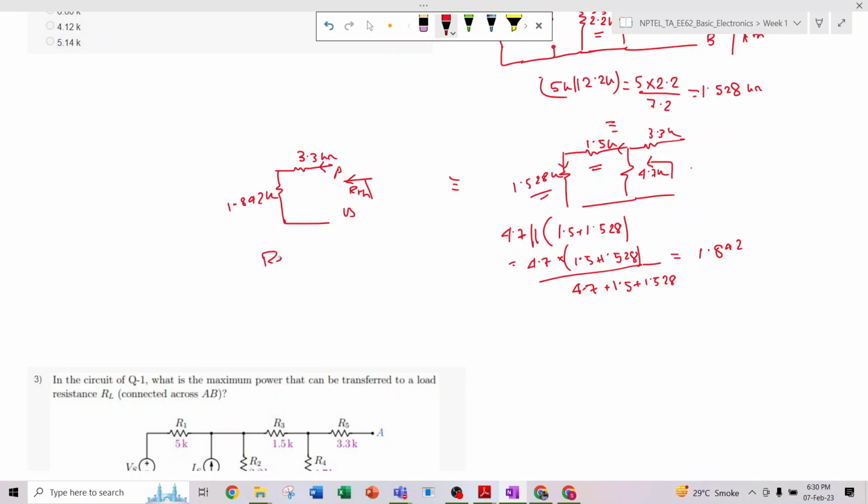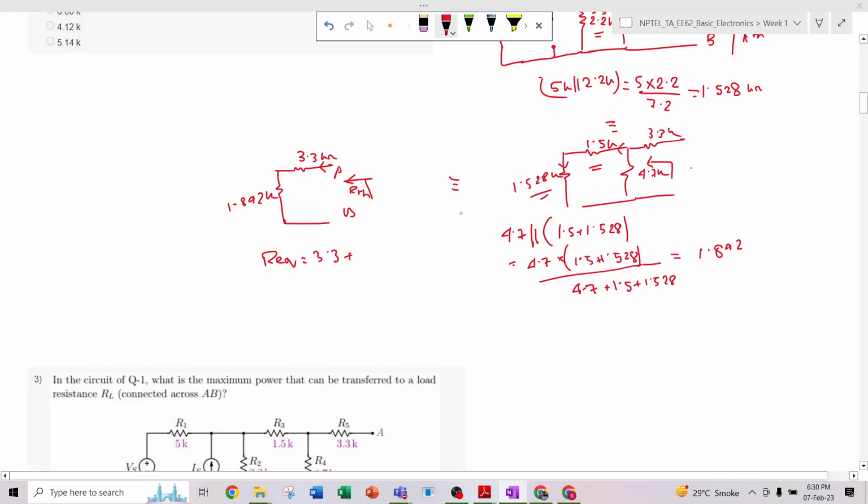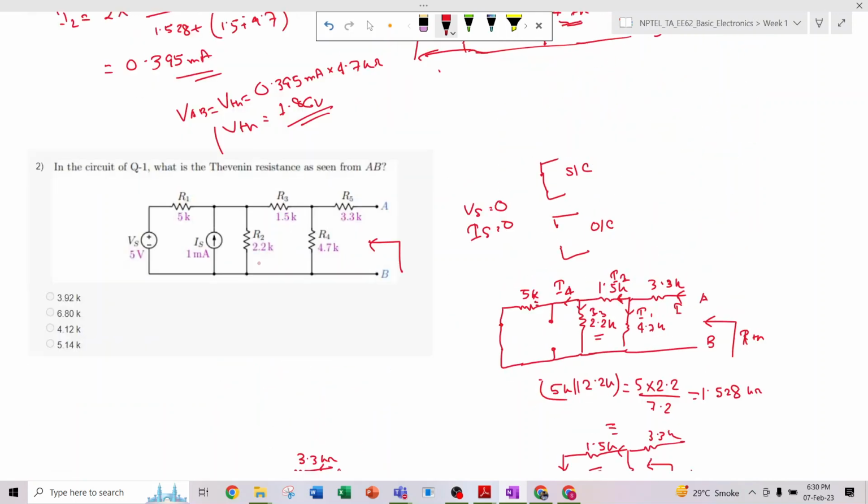So the equivalent resistance will be 3.3 plus 1.842, which will come as 5.142 kilo ohm. So this is nothing but the RTH, that is the Thevenin resistance.